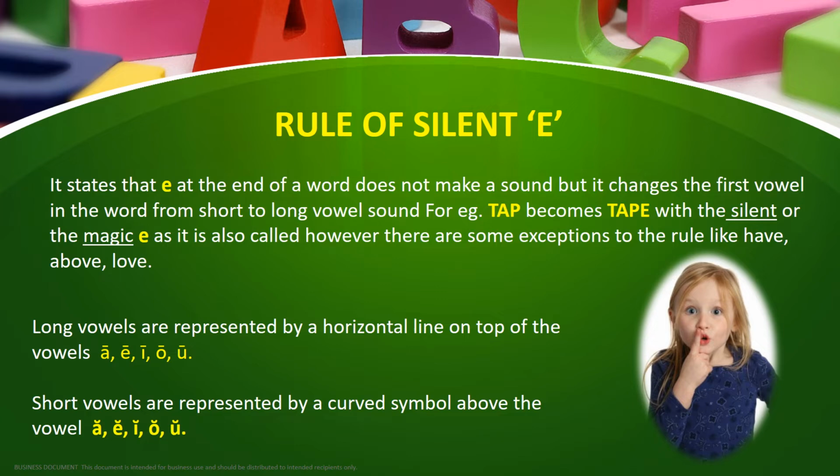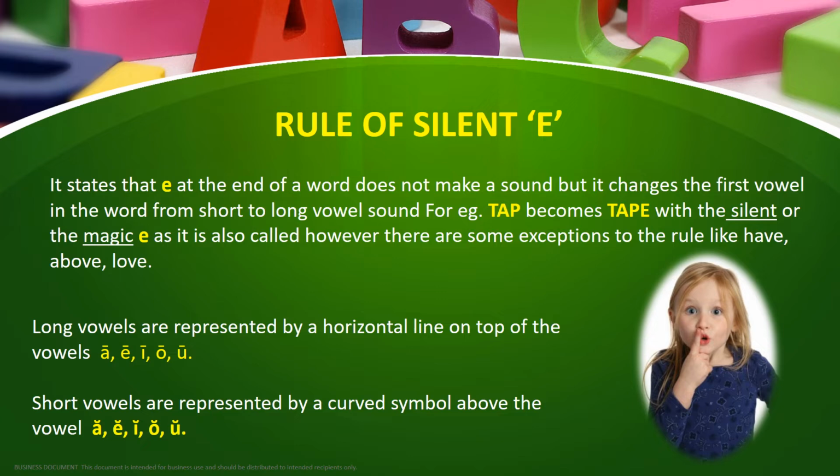Similarly, above. We don't say above. No, O is not giving its name sound. O is still sounding as a short vowel, even though there is an E there. So above is an exception to the rule of silent E. Love.